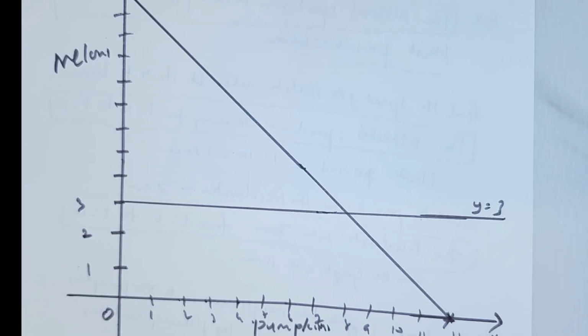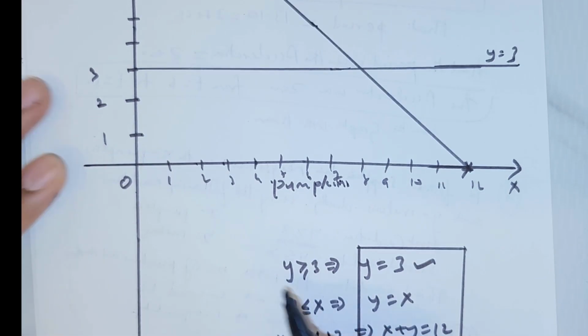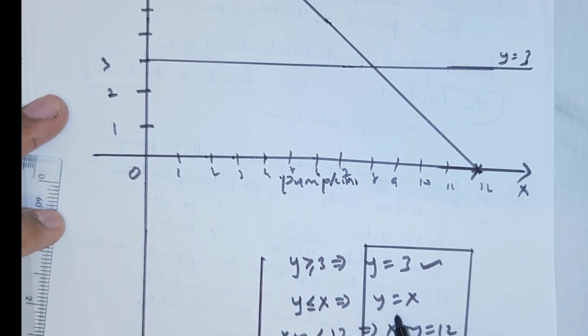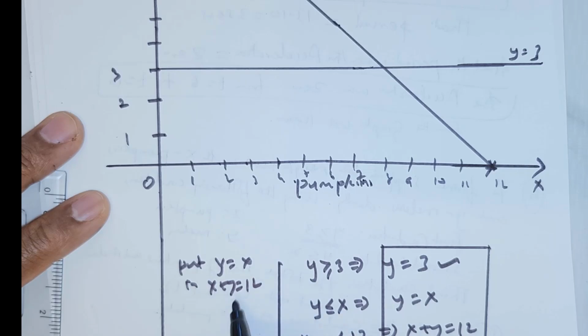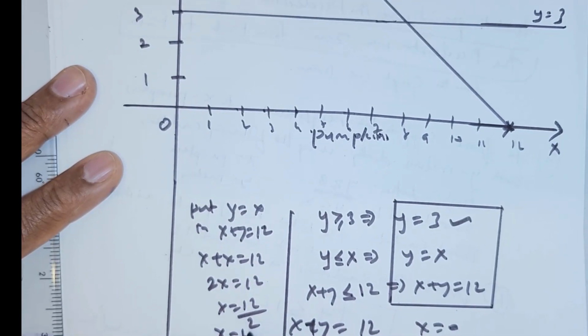Next we will have to draw y is equal to x. Now this is critical. If I were to put y is equal to x in x plus y is equal to 12, then you have x plus x is equal to 12, 2x is equal to 12, then x is equal to 12 over 2, so x is equal to 6.